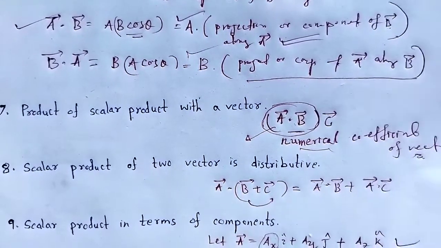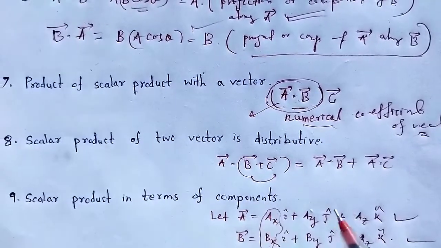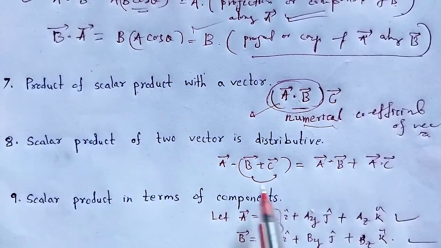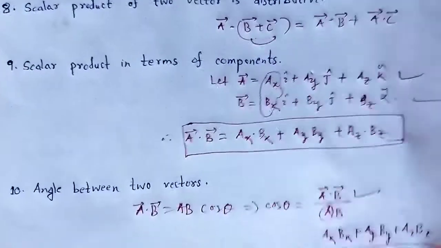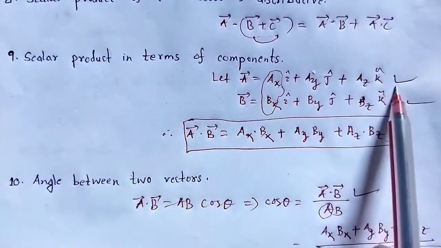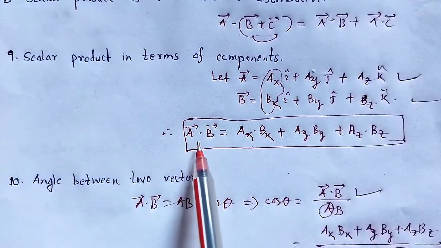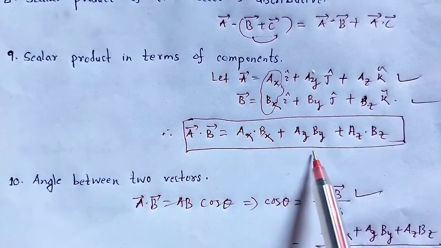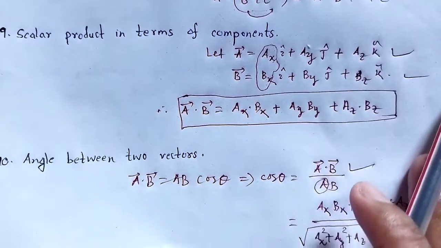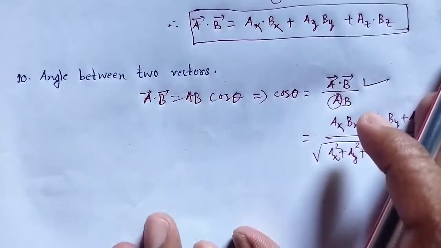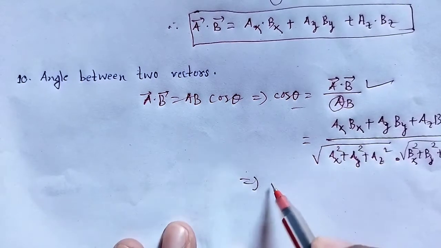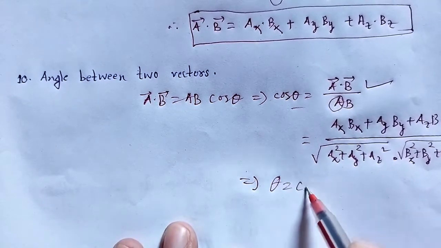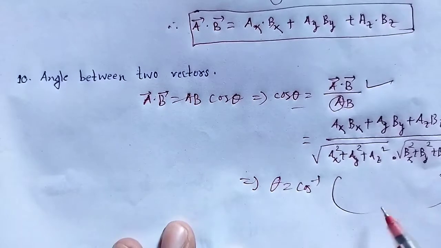And the scalar product of two vectors is distributive: A dot B plus C is equal to A dot B plus A dot C. And the scalar product in terms of rectangular components, A dot B is equal to Ax Bx plus Ay By plus Az Bz. In a similar way, the angle between two vectors we can define: cos theta is equal to this much. From this we can derive theta is equal to cos inverse of this quantity.